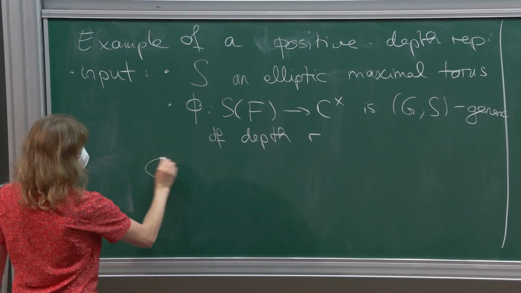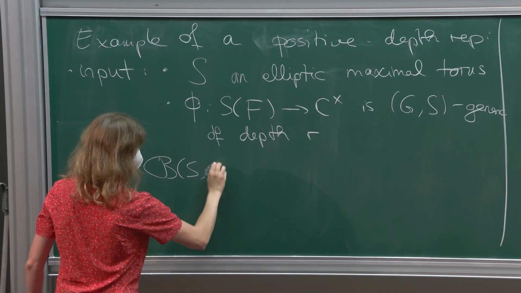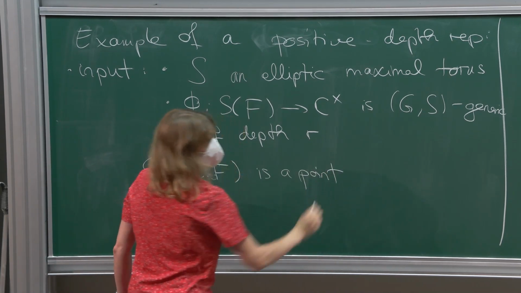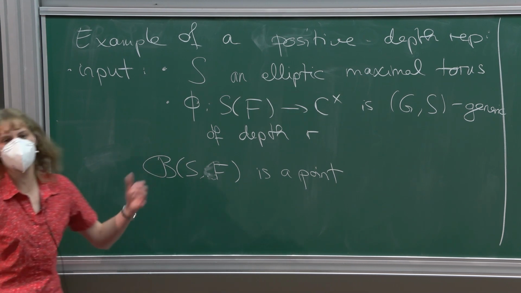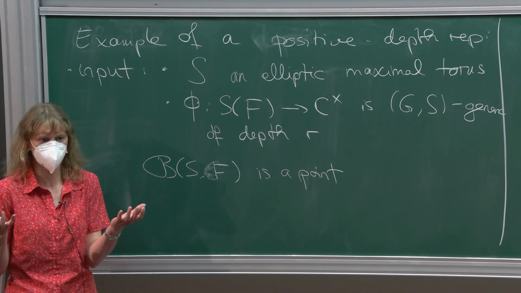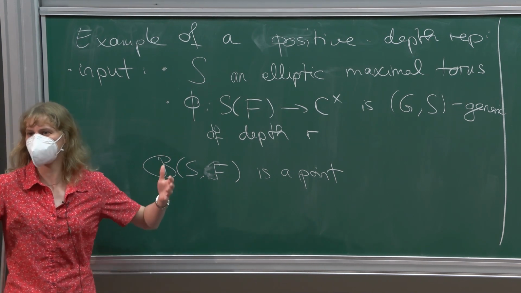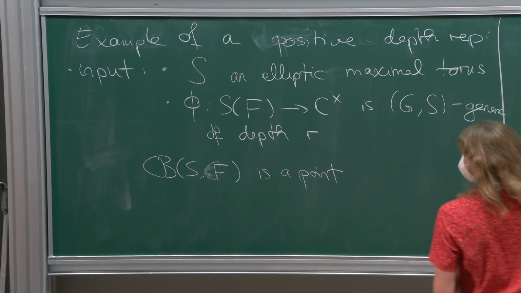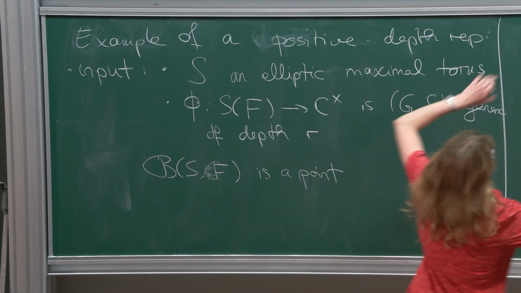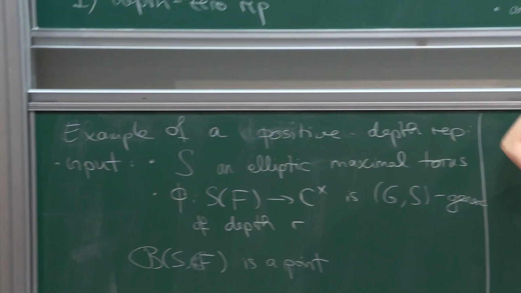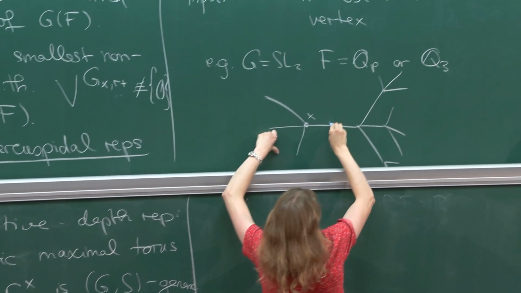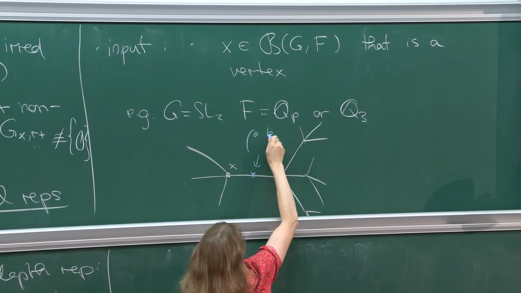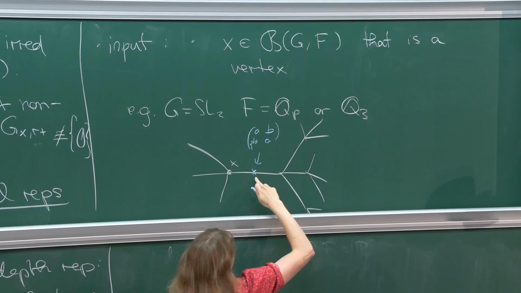So that means the building of S is just a point, because I said buildings are there to classify maximal compact subgroups. If S is compact, there isn't much you can do. There's just one maximal compact subgroup. So in the example above of SL2, the torus S equals G prime, this (a, b; ϖb, a), corresponds to this point here.